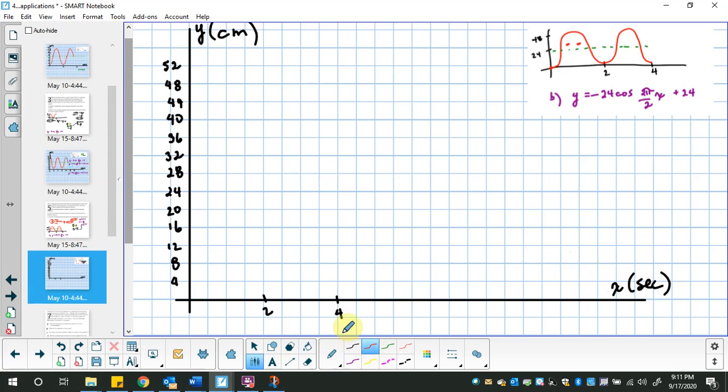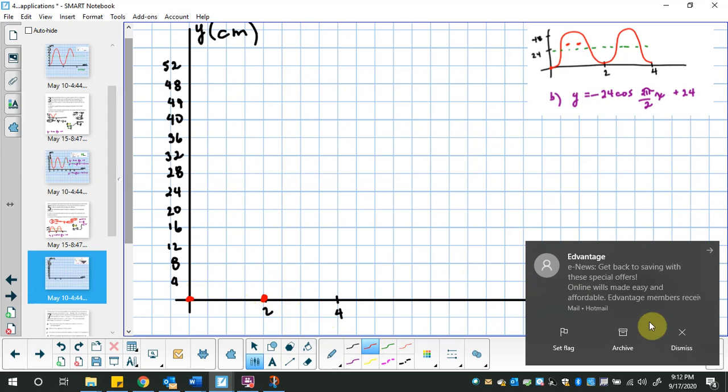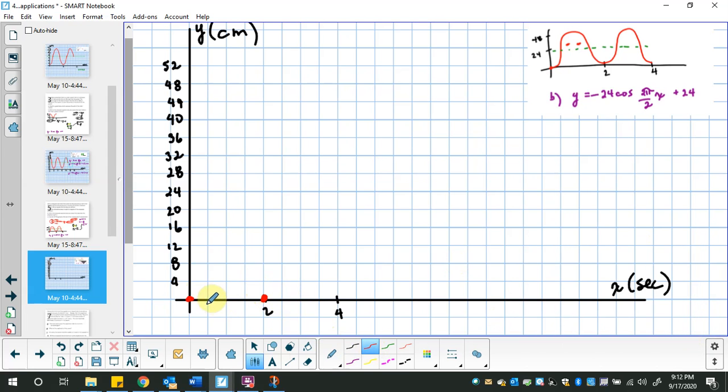So when I go to doodle this picture, I start at 0, I end at 0. Now, I can take 2 and divide it by 4 to figure out my spacing, which is a half.